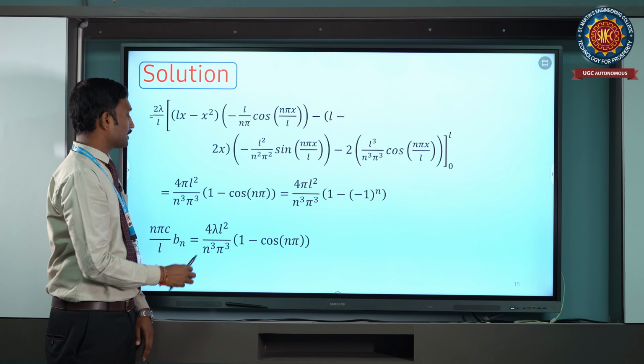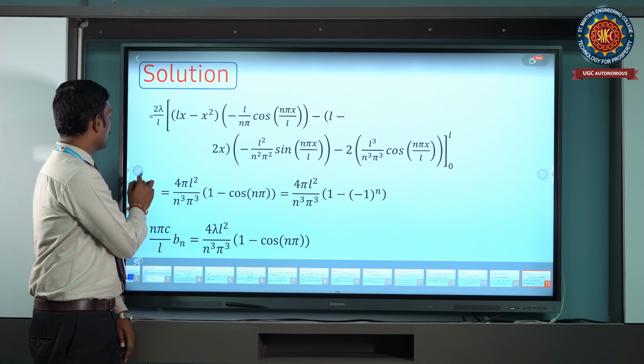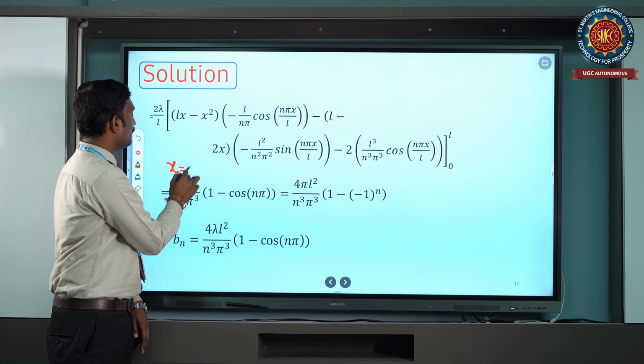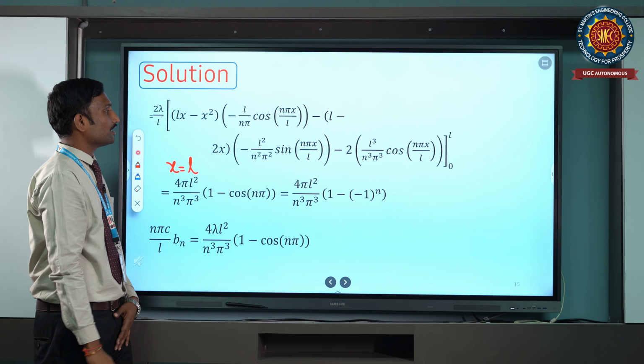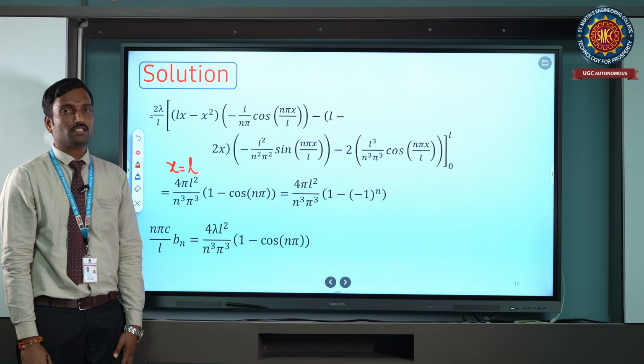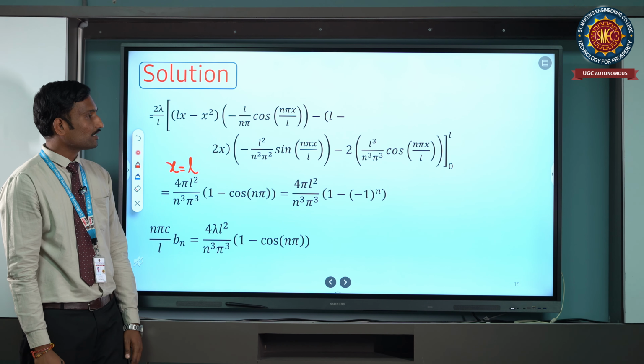What is the upper limit? Here the upper limit is L, so we substitute x equals L in the equation, and x equals 0 for the lower limit.